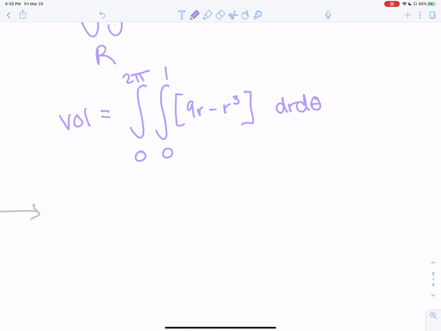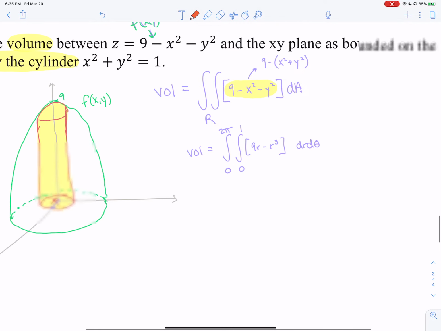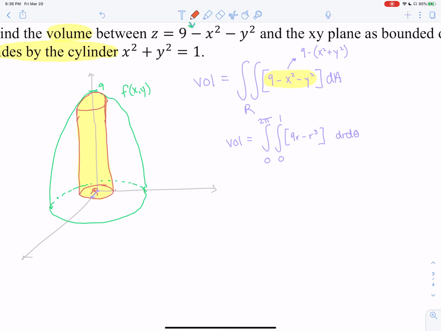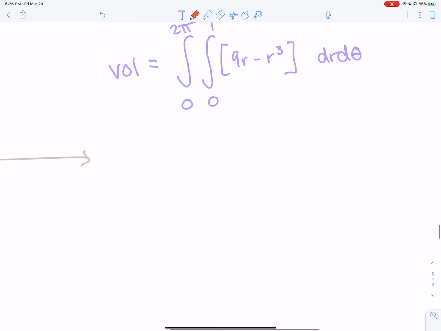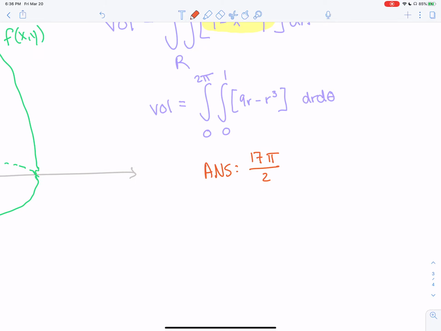And then if you evaluate that integral, you will get the volume of this kind of little cylinder with a rounded top looking shape. I'll let you evaluate it on your own, but the answer you're looking for is 17 pi halves. So if you get that, you know you did the evaluation correct.